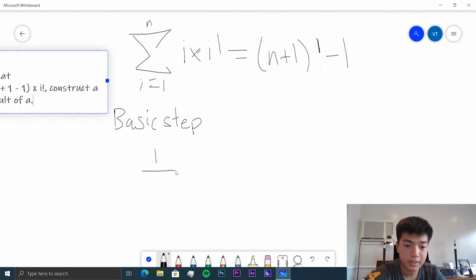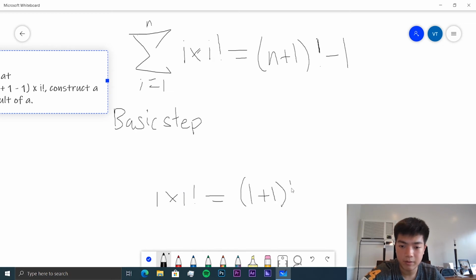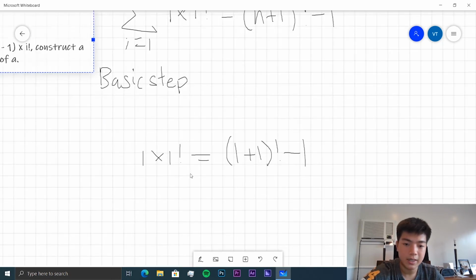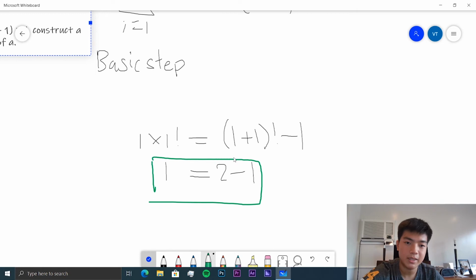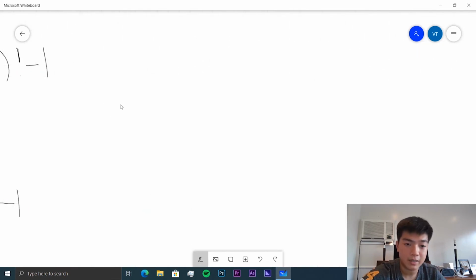So we have a sum from 1 to 1. So we more or less just need to prove that 1 times 1 factorial is equal to 1 plus 1 factorial minus 1. So in this case, we have 1 is equal to 2 minus 1, which is of course true. So that is our basic step, and now we need to prove the inductive step.